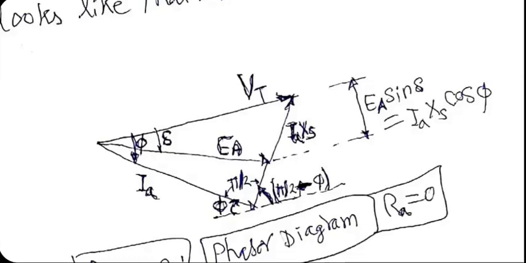Now, studying this phasor diagram critically, we will see that EA sine delta gives you this vertical, which I have drawn as a straight line with two arrows on both sides.